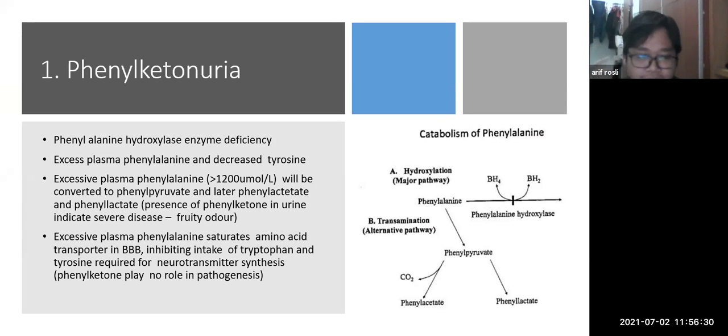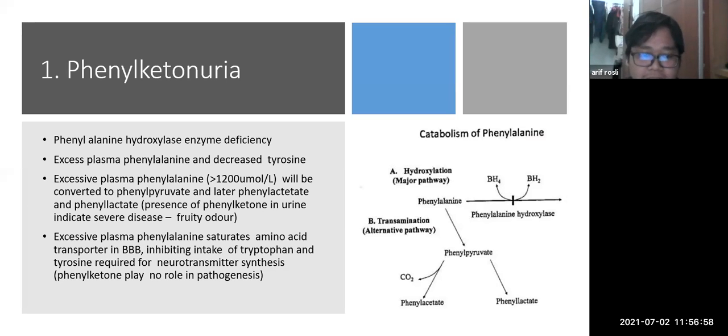For phenylketonuria, it is due to phenylalanine hydroxylase enzyme deficiency. And then due to this deficiency, there will in turn result in excess plasma phenylalanine and decrease in tyrosine. So excessive plasma phenylalanine, more than 1,200 micromole, will in turn be converted to phenylpyruvate and later phenyllactate.